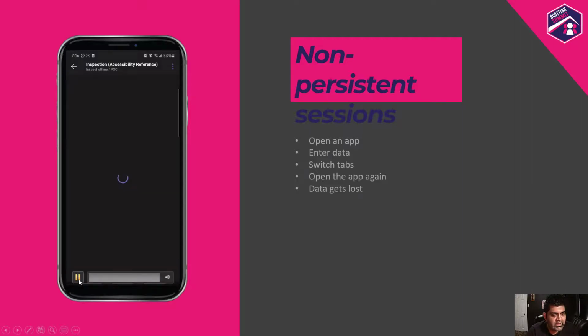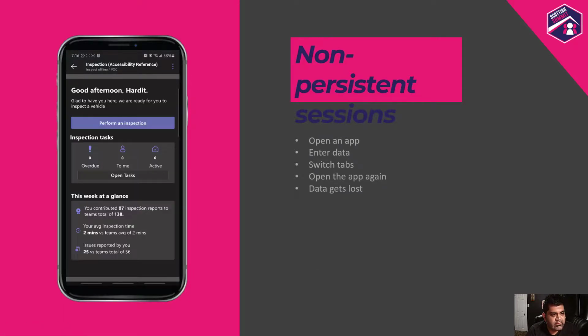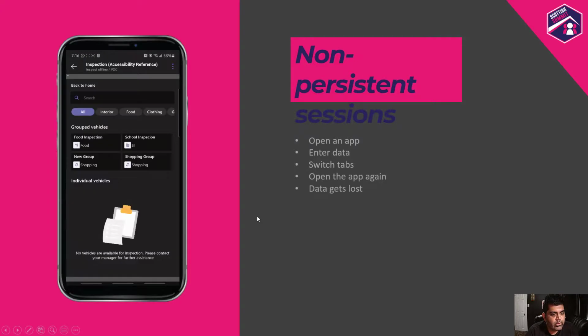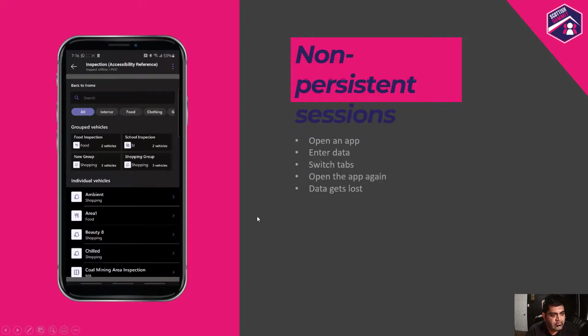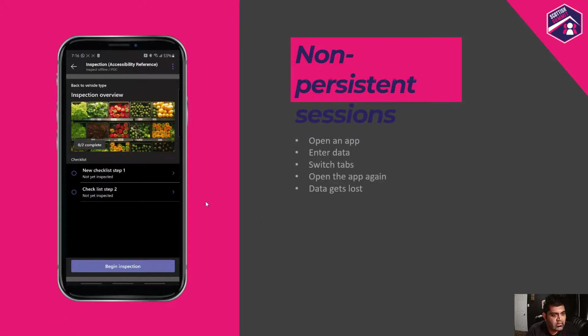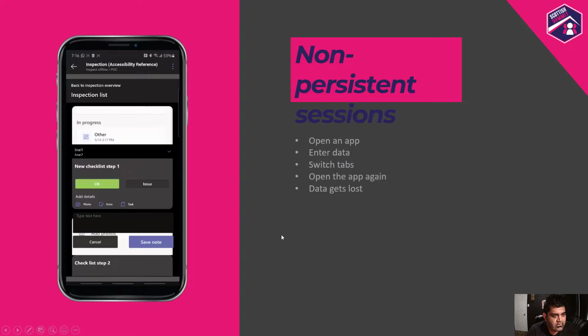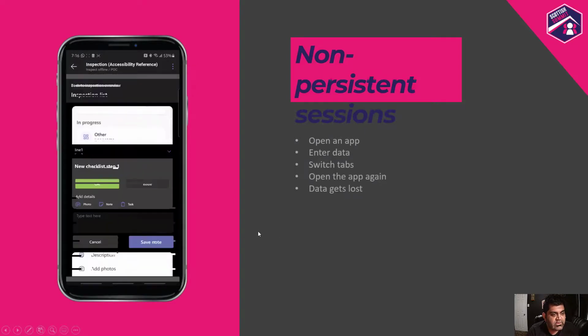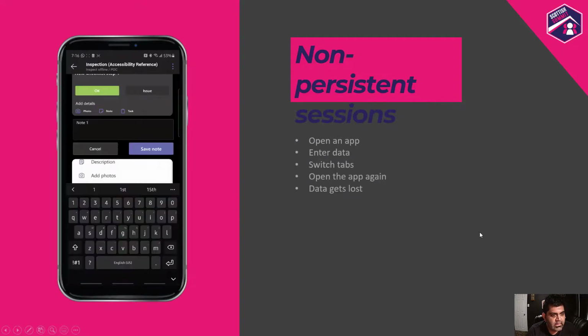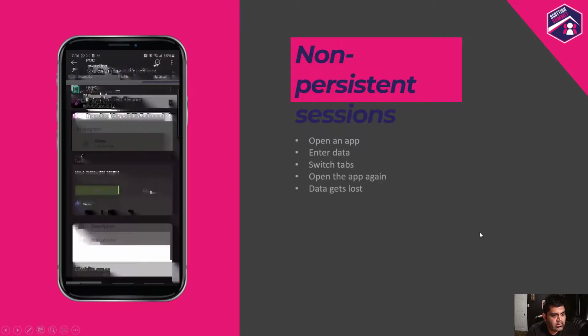So if I hit this play button, it's a small video of the inspection app. Let's see what happens. I'm going to hit perform an inspection. I'm going to select a vehicle or an area for inspection. And this one is pretty simple. It only has 2 steps. But let's say I've answered the first question and I'm creating a note here.